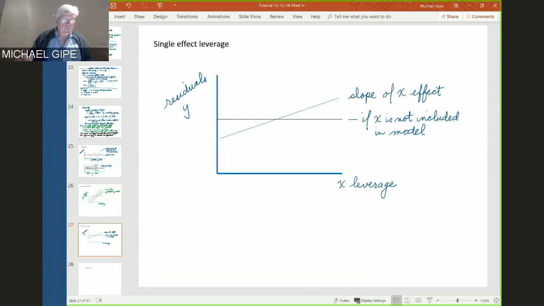And what we have here when we look at a particular dot, a particular data value, this distance is the residual value for the full model.